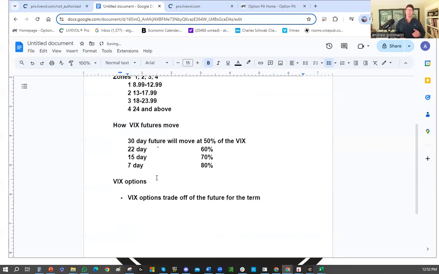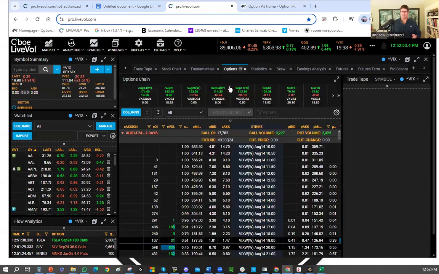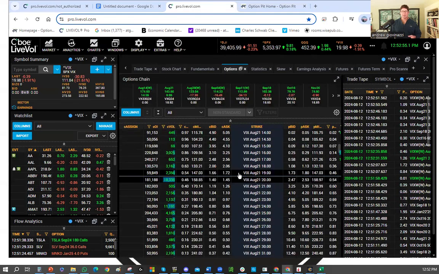So if it's a weekly that expires on the 14th, every option that expires on August 14th is going to trade off the August 14 future. Right now we have an expiry next week on the 21st, so everything trading in the August 21 cycle is priced off of the August 21 future.